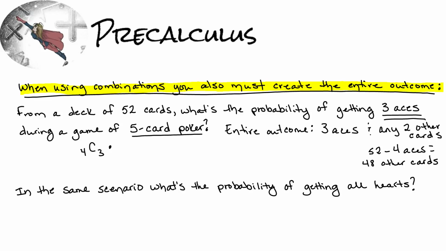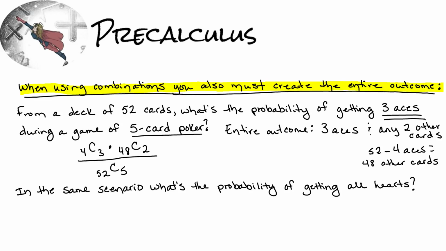So to finish out our hand of 5-card poker, out of the other 48 cards, we want to choose any 2 of them. So that is my numerator. And then the denominator is the total of all outcomes that could happen, which means that out of all 52 cards, we could choose any 5 of them.